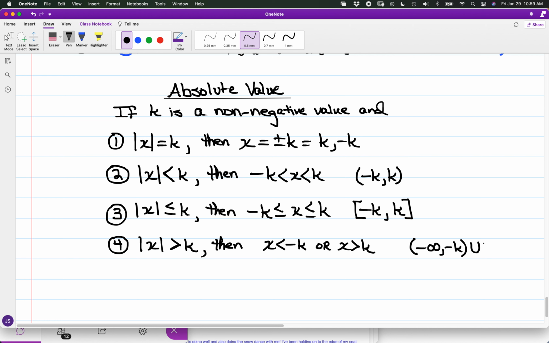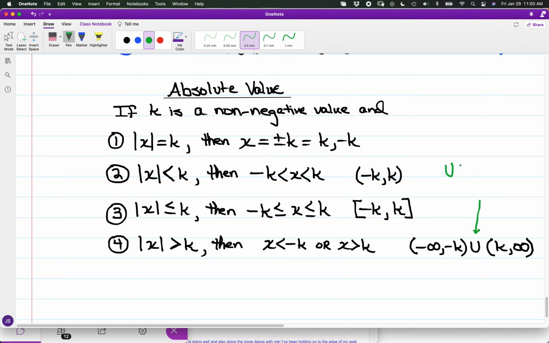And at the other end, where x is greater than k, you have starting past positive k and going out to infinity. And that U symbol in the middle refers to union of sets or intervals.